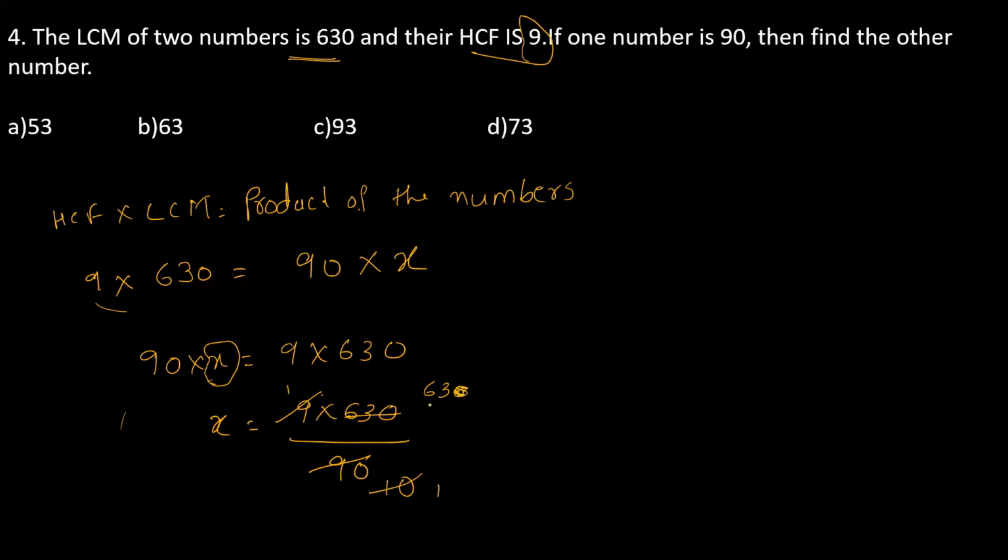So the answer is 63. In the other way, how you can, it is 630. Okay, 630 by 10. Okay, 0 0 get cancelled. 63 by 1, which is equals to 63. This is the other method how to cancel 630 by 10.